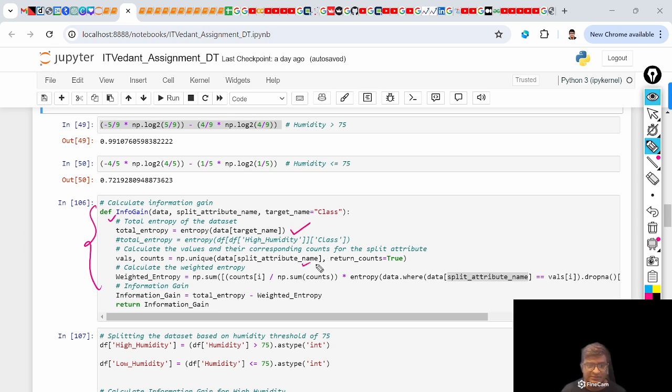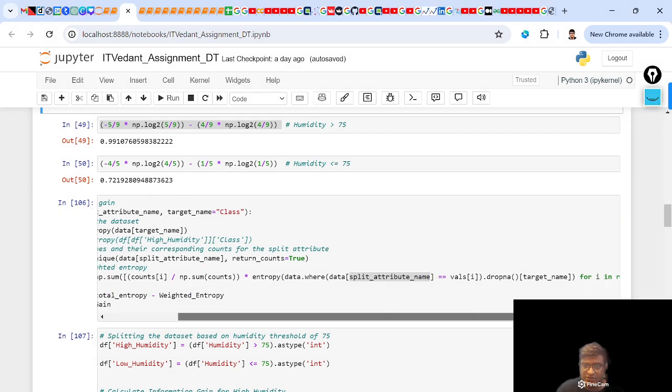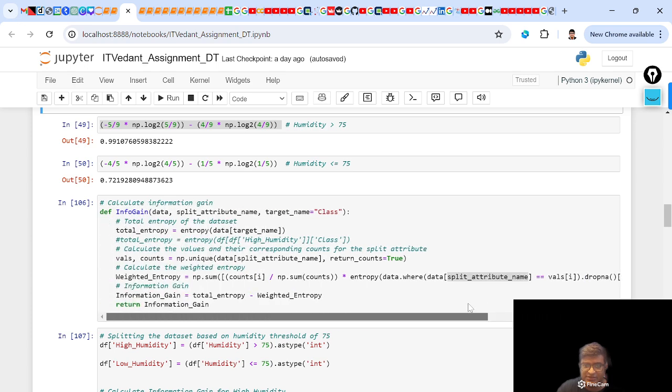Then for each split criteria, I'm calculating the value and the counts. And then I'm finding out the weighted entropy, as we have discussed in the formula: count i over the total number of records into the entropy for that particular split criteria value count. And I'm also using a for loop to get each of these elements in that range of values.